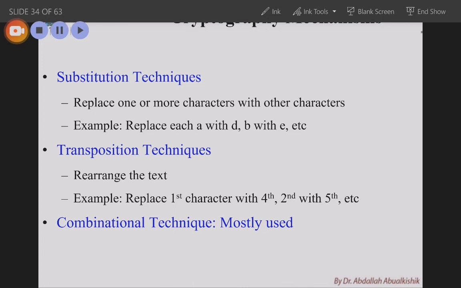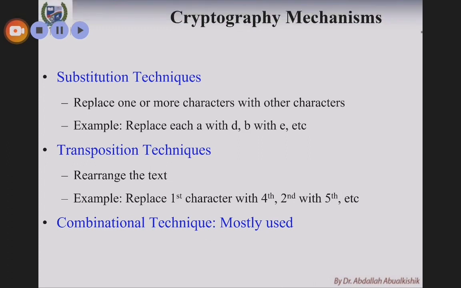In the first part, we already mentioned that encryption could be categorized based on the number of keys that we are using and the type of key that we are using. So we can say that it could be asymmetric or symmetric.